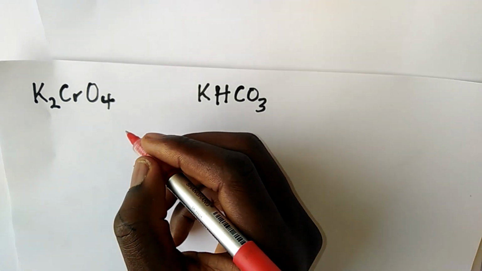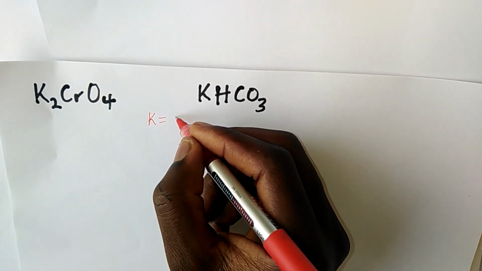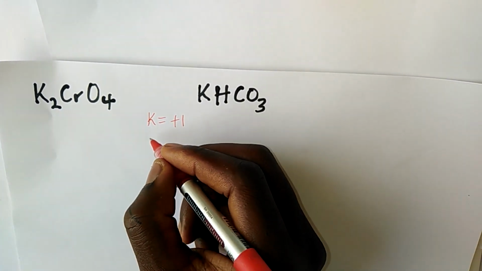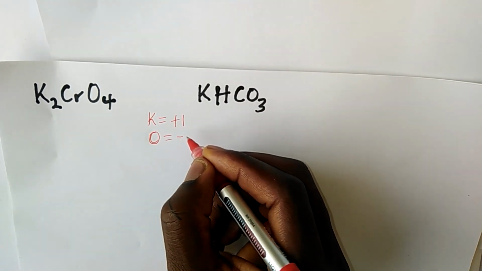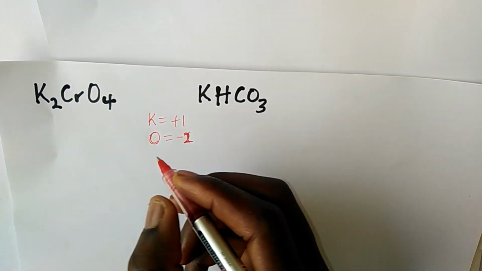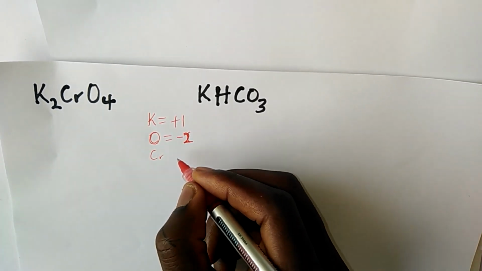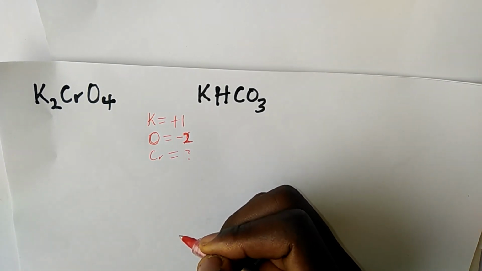So we know that potassium carries a positive charge, plus 1. Oxygen carries a negative charge, minus 2. While chromium carries a charge we are yet to determine.